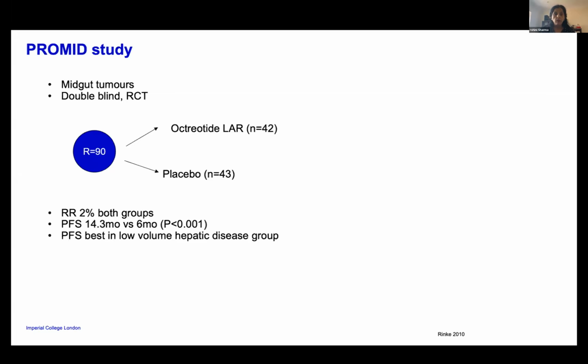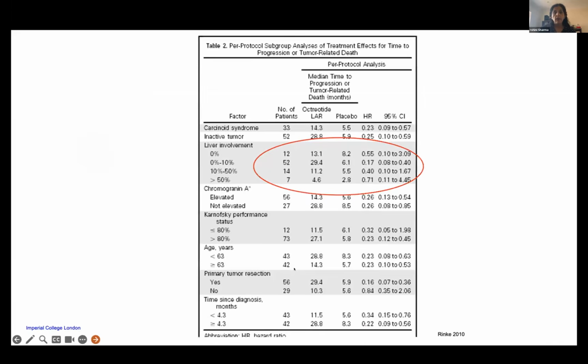What was really important was that the progression-free survival benefit was observed in patients who had low volume hepatic disease. You can see that from the subgroup analysis here, where we have the liver involvement. When we look at the patients who had less than 10% of liver involvement, the hazard ratio was 0.17.